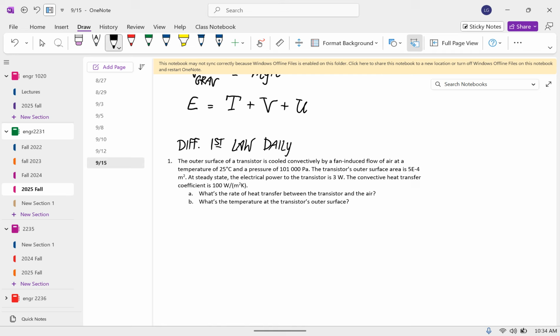There's electric power going to the transistor. It gives you the h value, and then calculate the heat transfer and the temperature of the transistor's outer surface.